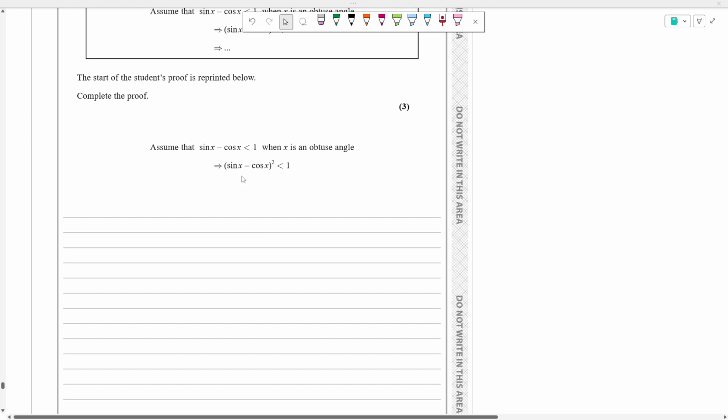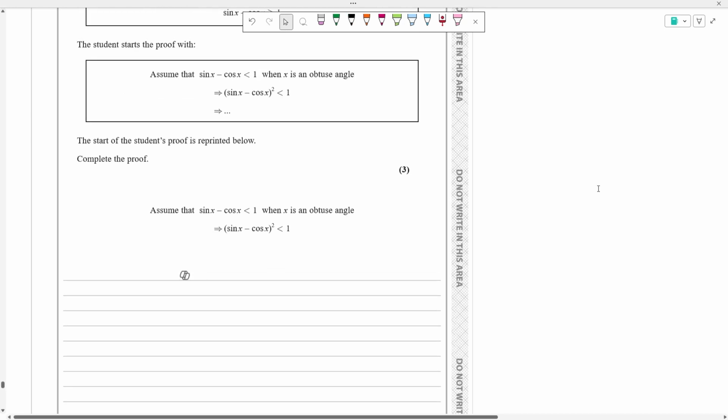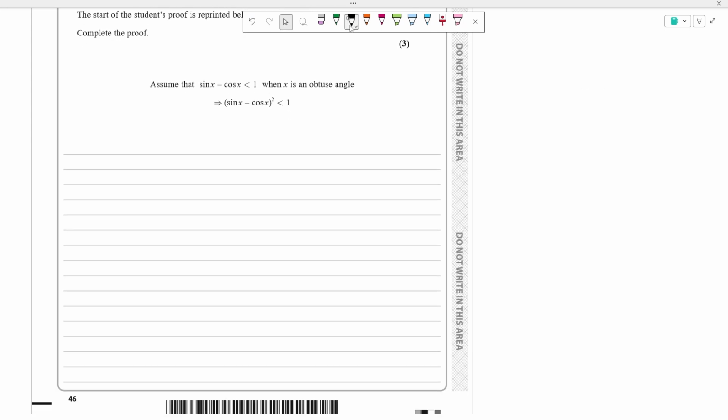Okay. So what I'm going to do is begin to expand this out first. So we end up with sine squared x minus 2 sine x cos x plus cos squared x is less than 1. Actually, before we combine these, the middle term is an identity, so I'm going to write this as minus sine 2x.